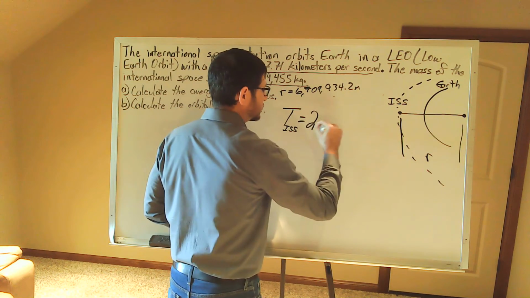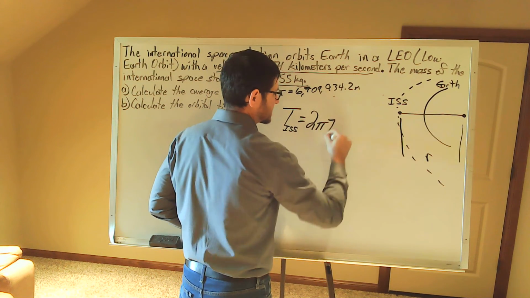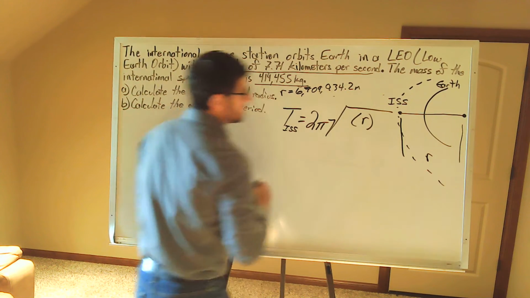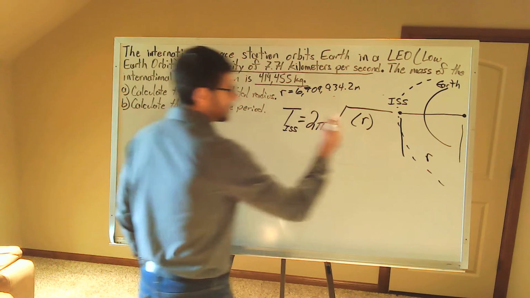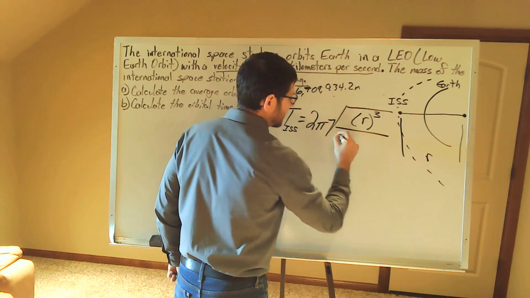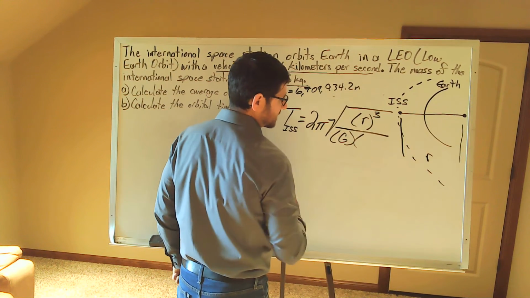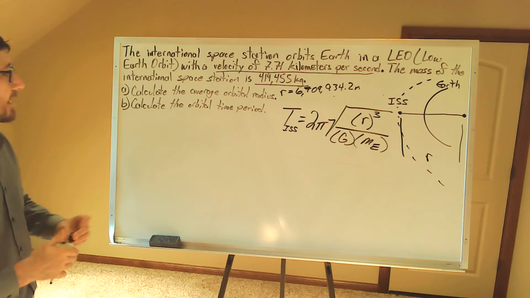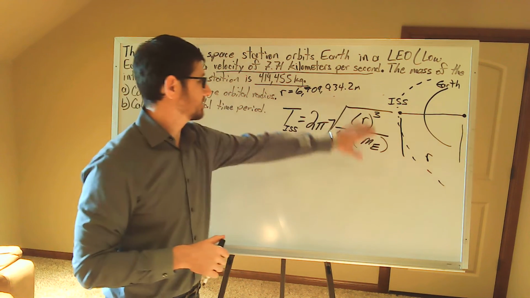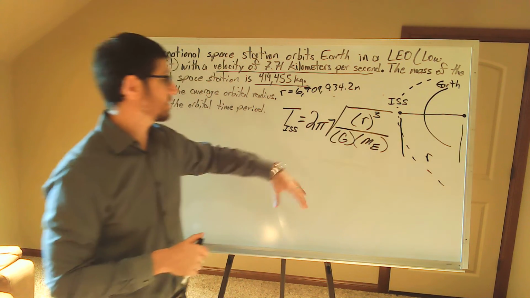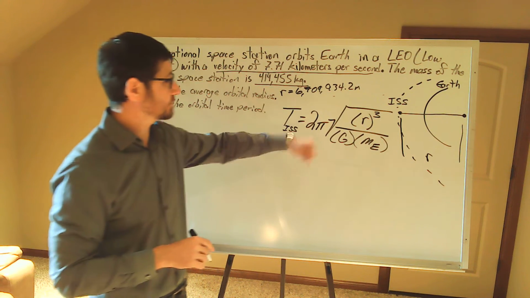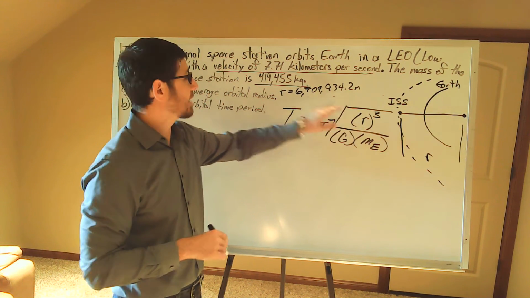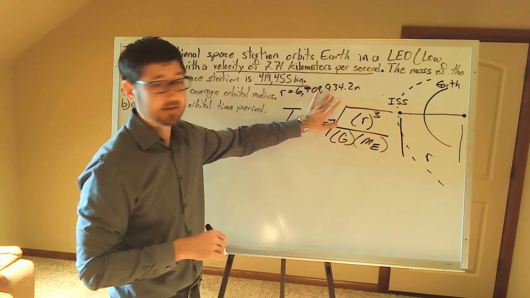This is going to be 2 pi times the square root of the average orbital radius cubed divided by the universal gravitational constant multiplied by the mass of the Earth. Okay? And we have everything on the right-hand side of the equal sign, so we don't need to do any algebra manipulation at all.